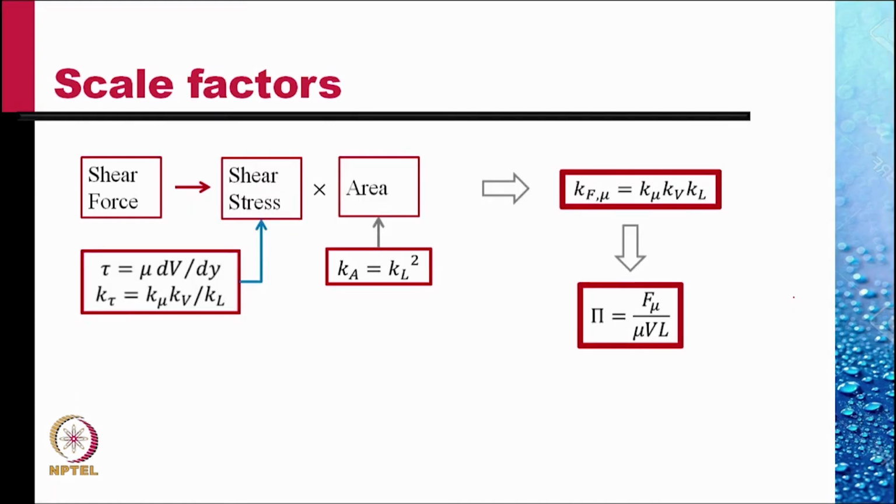Similarly, we develop the pi number for the viscous force, which is obtained as F_mu, the viscous force, divided by mu V L, the same pi number that we obtained in the last class.